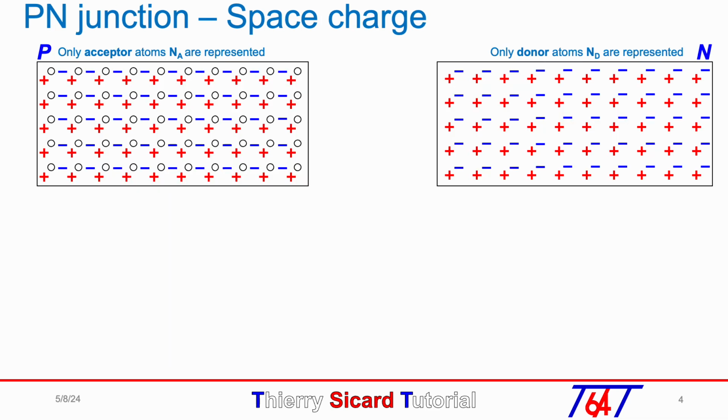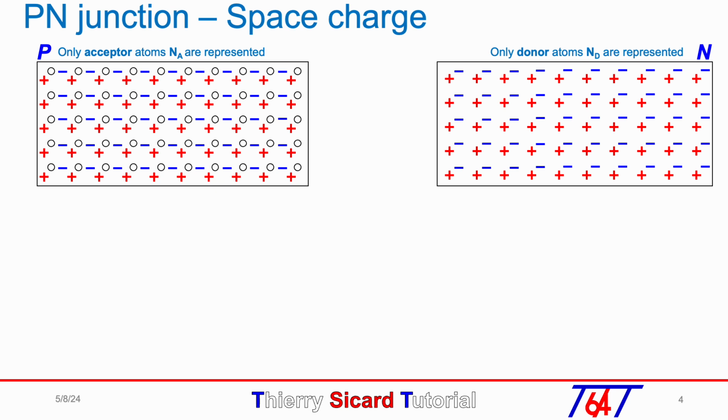In this slide, I represented a p-doped semiconductor on the left side with boron as Na acceptor atoms and the N-doped semiconductor on the right side with phosphorus as Nd donor atoms, the plus, minus, and hole representing just the acceptor and donor atoms.